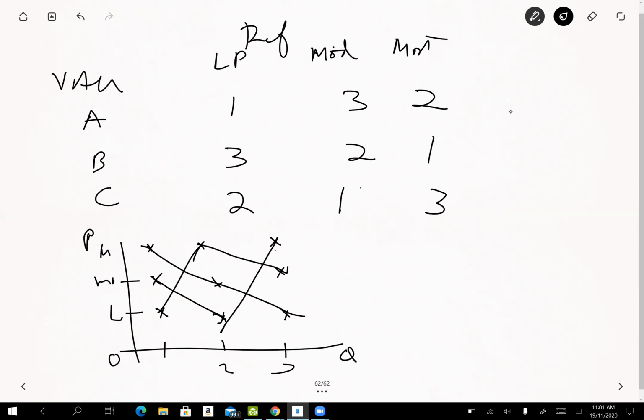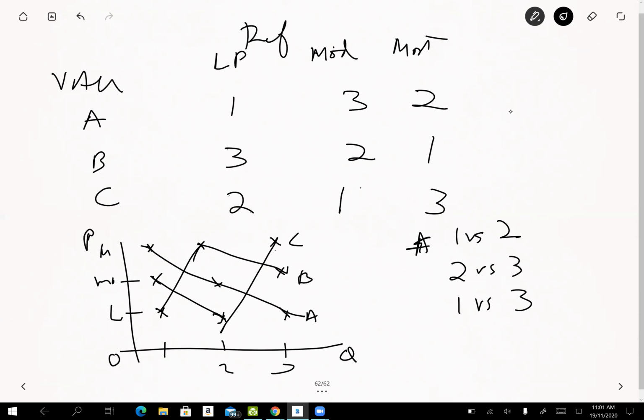So if you look at the graph, you've got A, B, C, and C has a double peak. So you do the voting: 1 versus 2, 2 versus 3, and then 1 versus 3.